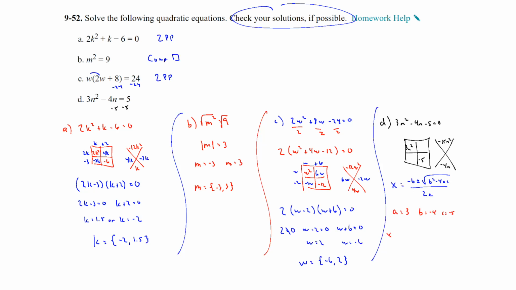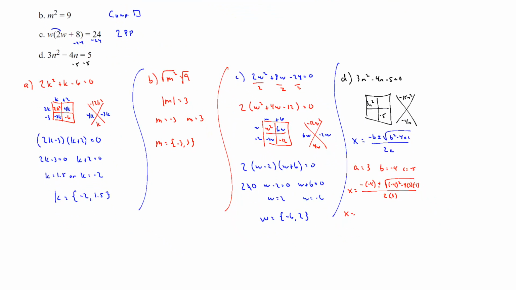So we have x equals the opposite of negative 4 plus or minus the square root of negative 4 squared minus 4 times 3 times negative 5, divided by 2 times 3. So simplify. The opposite of negative 4 is 4.